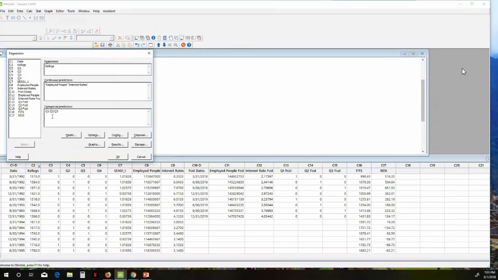If I put Q4 in, it would leave it out anyway, because it cannot solve for an identity. You can't have mirror image dummy variables, or have all the dummy variables explaining all the possible outcomes. You have to have some degrees of freedom for it to make calculations.